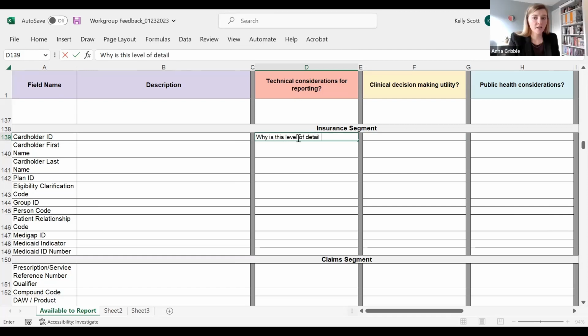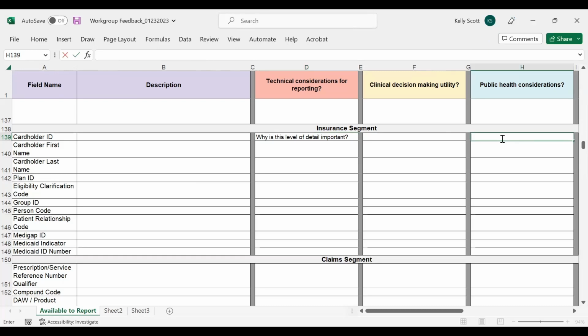That's helpful, Sharon. Are there public health potential considerations to take into account with some of this insurance data? Just to add to that, while they're thinking of that question, the cardholder IDs are proprietary to that individual insurance company's algorithm. Unless it's Medicare, then it's the MBI, Medicare Beneficiary ID.